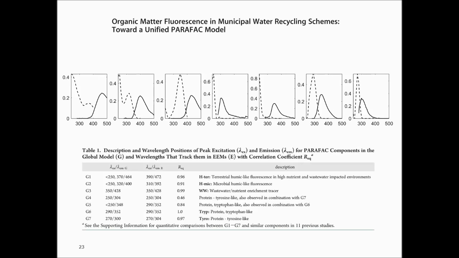But more importantly, she also found out that some of these components are already well represented by not decomposing mathematically the EEMs, but just looking at the raw EEMs. So for example, component 3 correlated with an R-squared of 0.99, so very well with the raw EEM without the need to decompose it, which qualifies this component to be traced by an online fluorescence sensor that can measure organic matter fluorescence in real time.